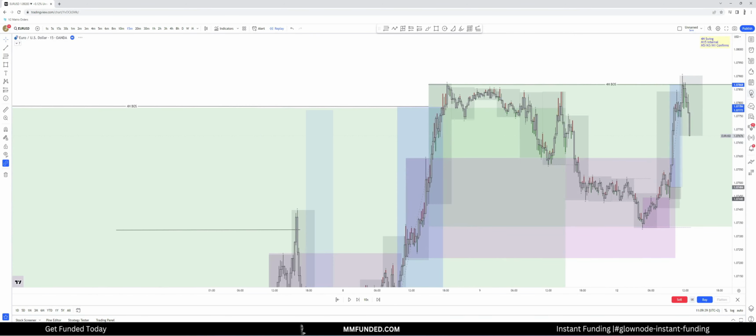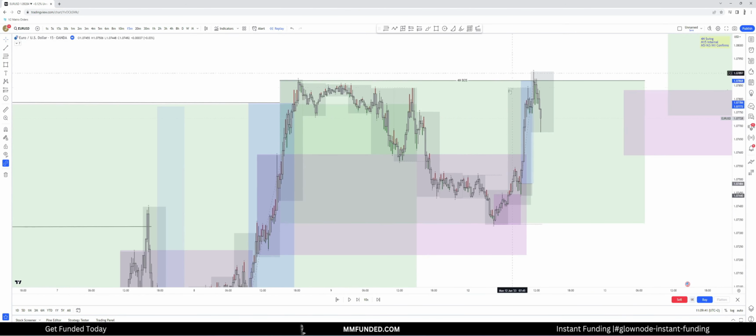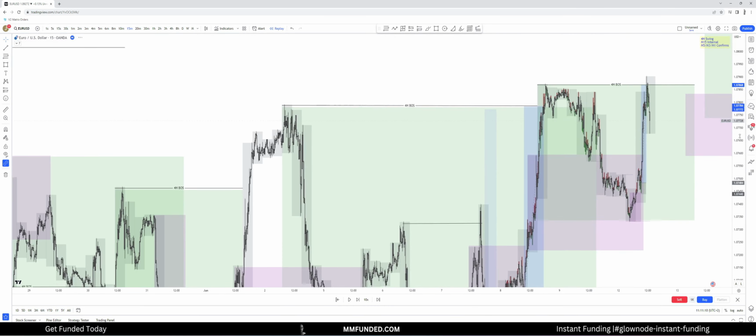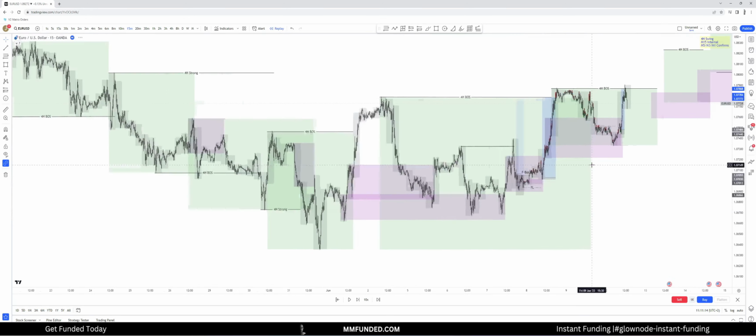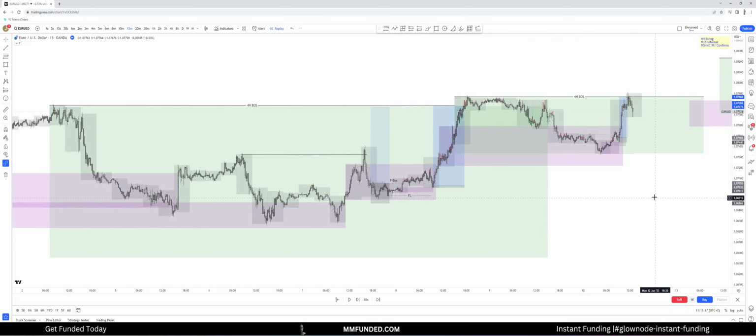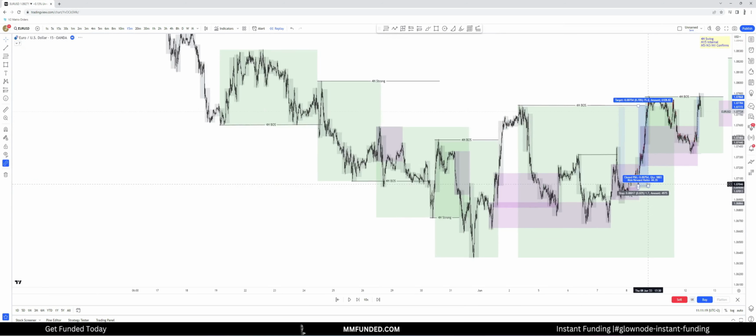Understanding that our higher time frame structure story is to go and target these 4-hour week highs. I understand this may be quite a bit to take in, especially if you're new to smart money concepts and the way that I trade here at Millionaire Mindset Funded and how I trade full-time as a living. Of course, each and every person understands the market in their own unique way.